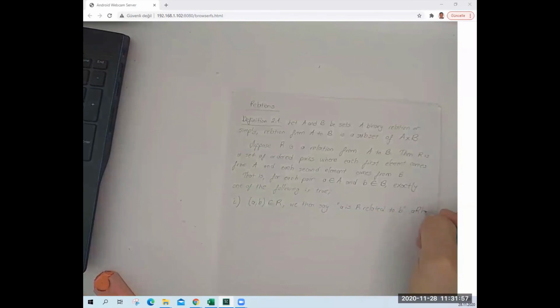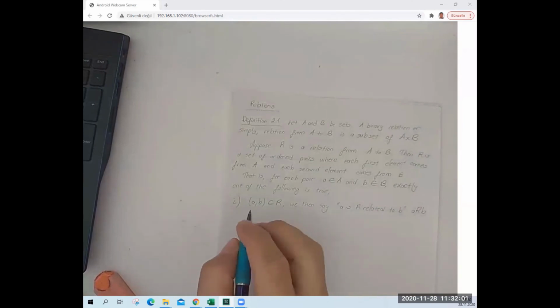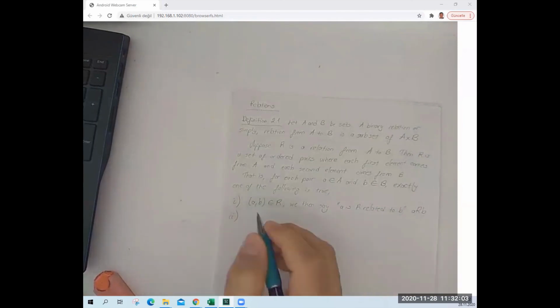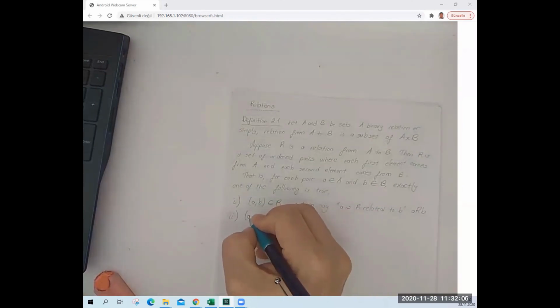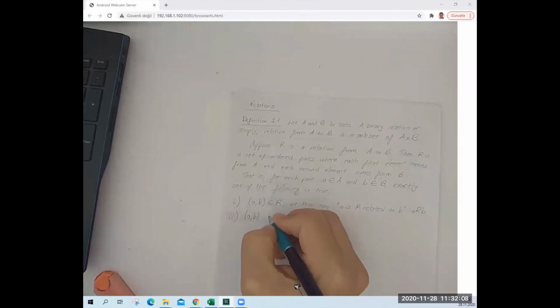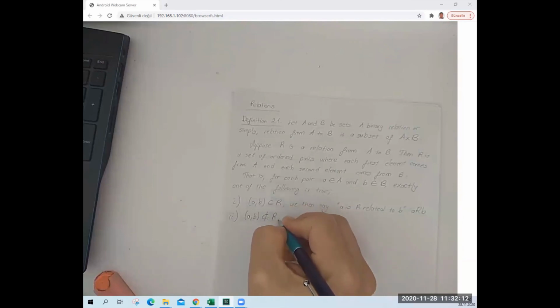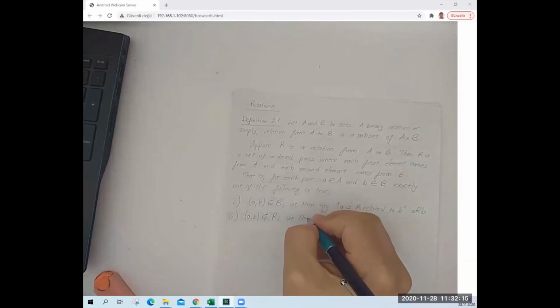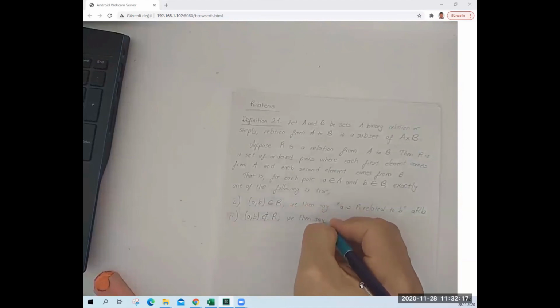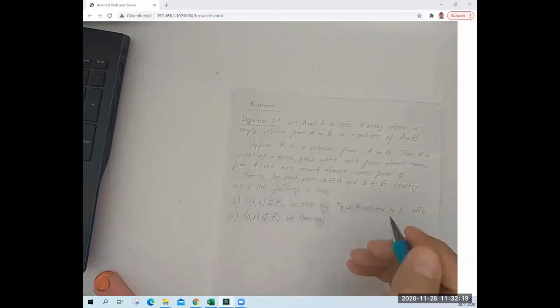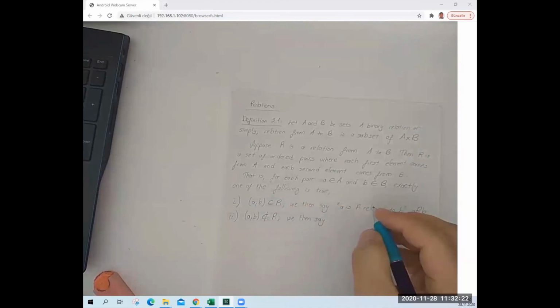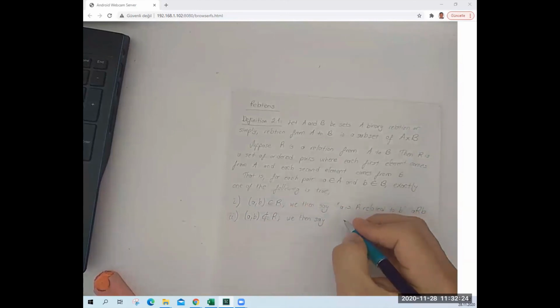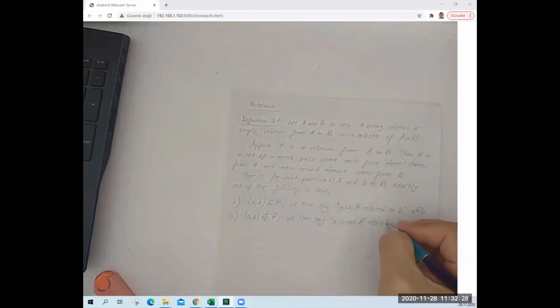So there is a relation from A to B. And second, the pair (a, b) is not an element of the relation R, then we can say a is not R related to b.